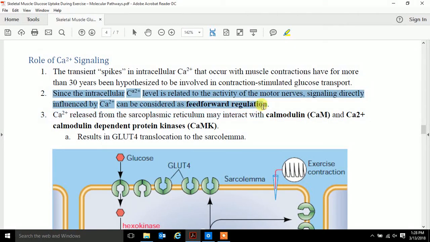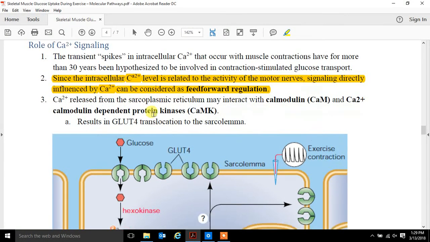And it makes some sense, since intracellular calcium levels are related to the activity of the motor neurons. Signaling directly influenced by calcium can be considered a feed-forward regulation. You tell a skeletal muscle to contract, calcium spikes occur. That would then signal the cell, as any feed-forward regulation, that we're going to start needing glucose soon.